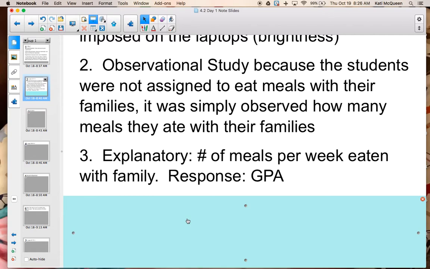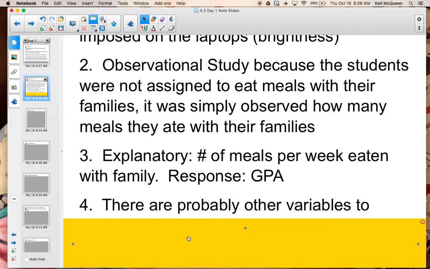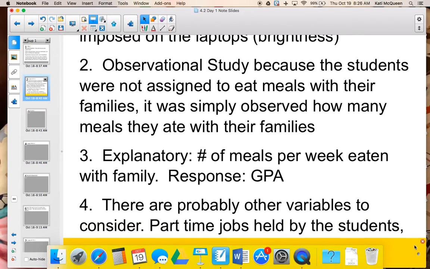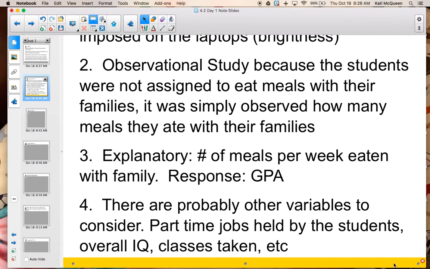All right, number 4 then, why can we not establish a cause and effect relationship? So there are definitely going to be other variables to take into consideration. If students are working a lot, that's going to affect both their GPA and how many meals they have at home with their family.